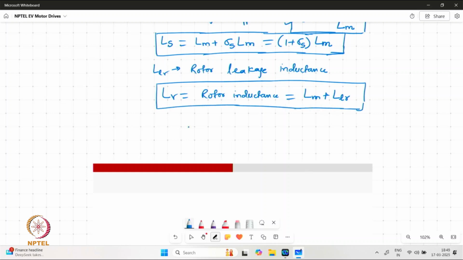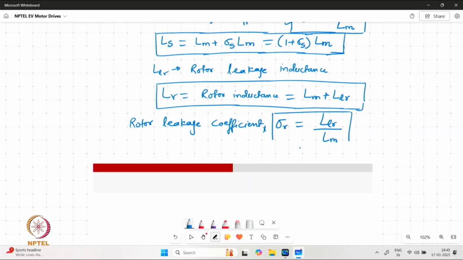Once again, we have a term which is similar to sigma s, that is called rotor leakage coefficient. This is written as sigma r, and it is ratio of LLR and Lm. So LR can be written in a compact manner as Lm times of 1 plus sigma r.